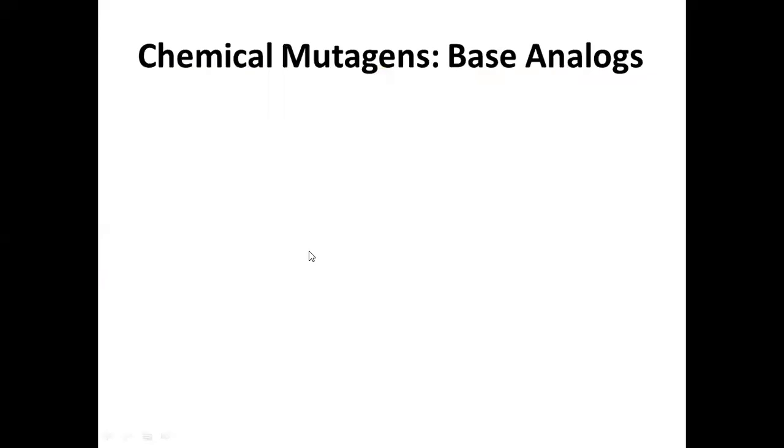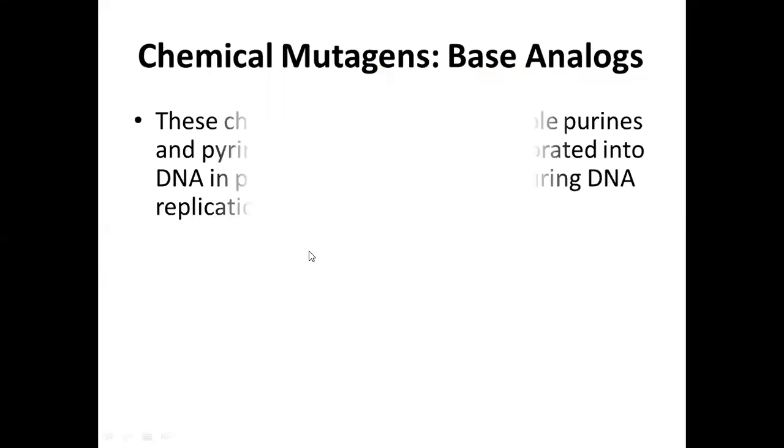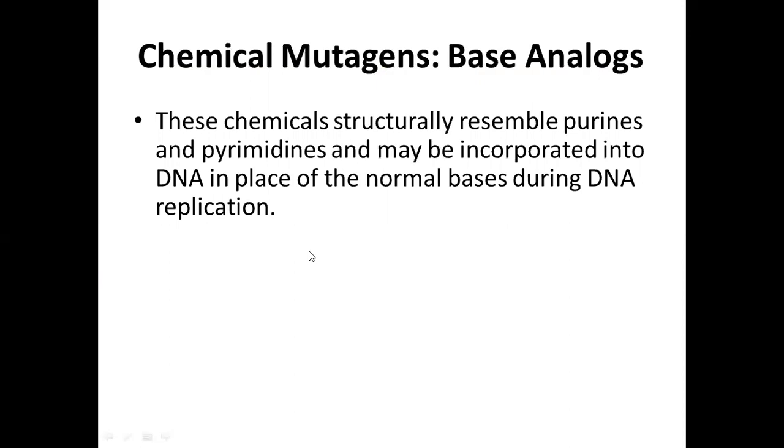And then chemical mutagens, we have other types known as base analogs. So an analog resembles a certain structure in a reference. In terms of these base analogs, these chemicals structurally resemble the purines and the pyrimidines. Since they have that resemblance, they may be incorporated into the DNA in place of those normal bases during the process of DNA replication.